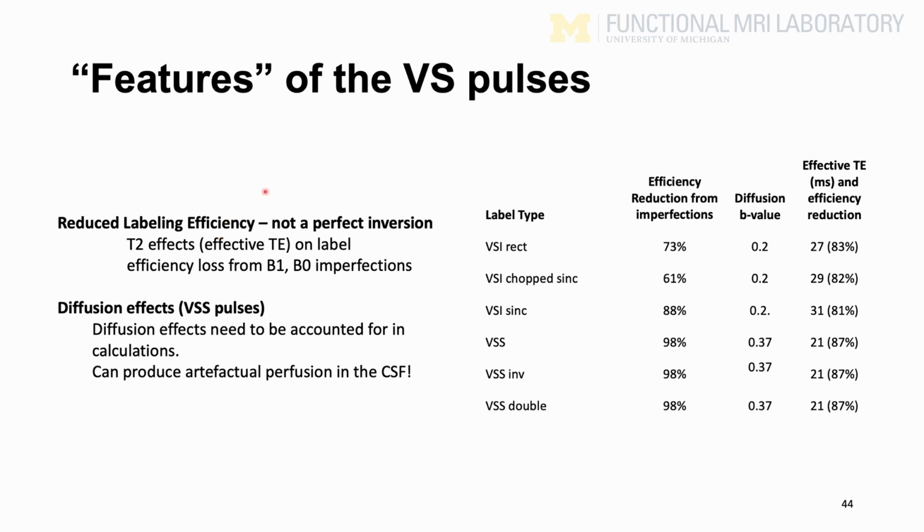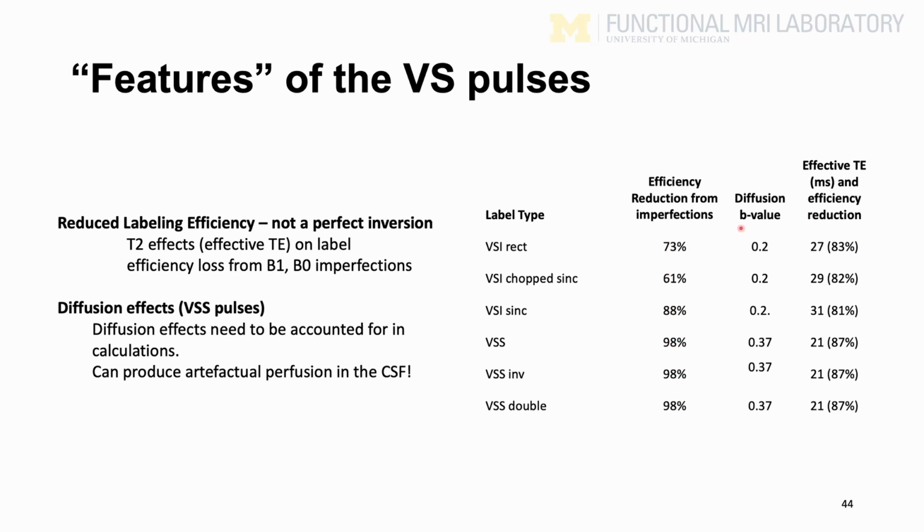The reason is that it's a slow process, and there's always a component in the XY plane, and whatever components are in the XY plane are going to be relaxing with T2. So you have a lot of loss to T2. They have an effective echo time and T2 loss that gives you this much efficiency loss. And then when we integrate over these different imperfections in those plots, we see that some of them are more sensitive to the imperfections than others.